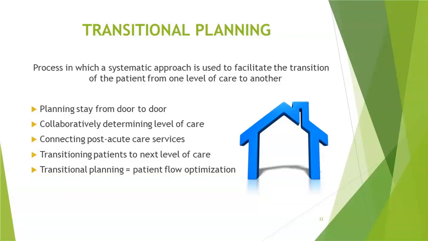Working collaboratively to determine what the next correct level of care will be. Connecting the patient, and we're required to do this under the conditions of participation, to connect that patient to the post-acute care level. Transition the patient, and better transitional planning results in better patient flow optimization.